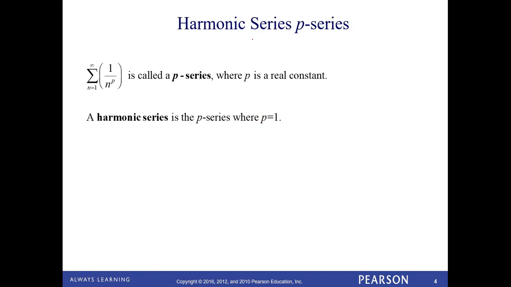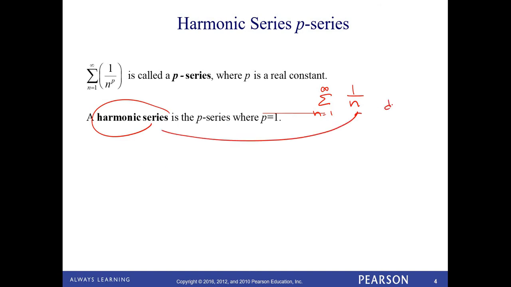All right, the harmonic series, or p series. 1 over n to the p is called a p series, where p is a real constant. A harmonic series is a specific p series when p is 1. So the sum as n goes from 1 to infinity of 1 over n is the harmonic series.